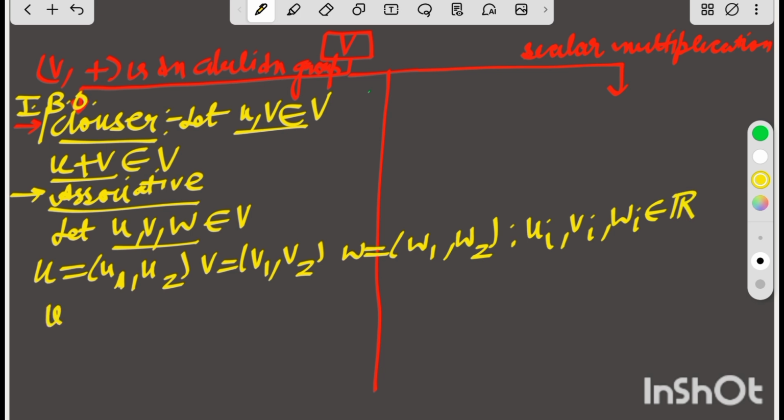So first we add U and V, and then we add W. What is the result?